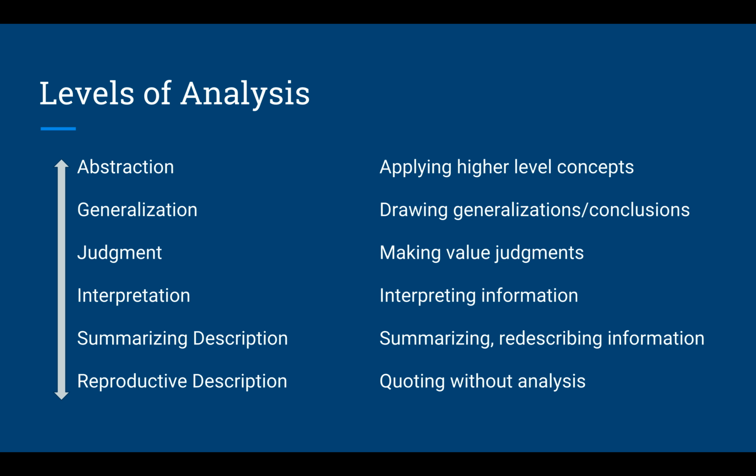That's all well and good, but we want to get you to higher levels of analysis, such as really interpreting information, making value judgments about information, drawing larger generalizations and conclusions, and then finally abstraction, being able to really abstract, applying higher level concepts into different situations, abstracting from just the text you're reading and locating something in a larger sociocultural context.